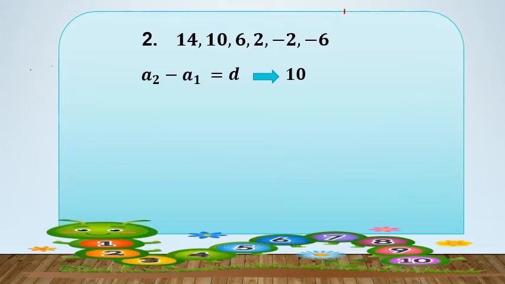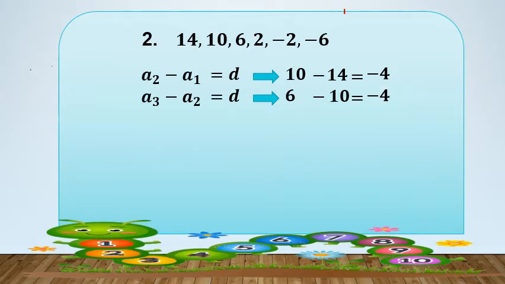First term is 14. 10 minus 14 equals negative 4. a sub 3 minus a sub 2 equals d. Ang third term natin ay 6 minus second term na 10. 6 minus 10 equals negative 4.